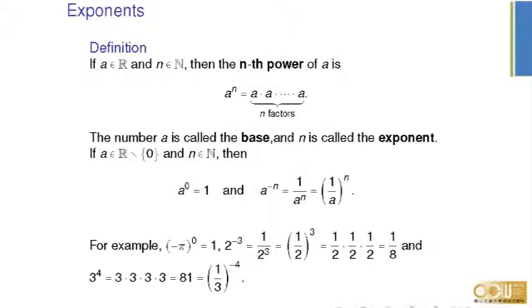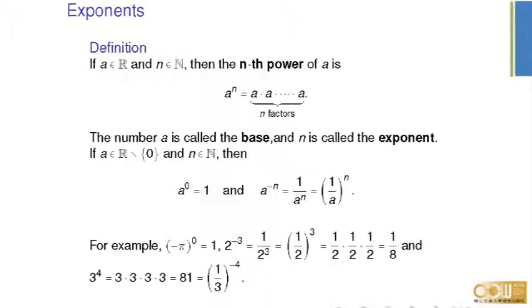Using that notation, it equals 1 over 2 cubed. You might do the calculation in your mind and get 8, but just play with the notations. It also equals (1/2) cubed, and the result is 1 over 8.